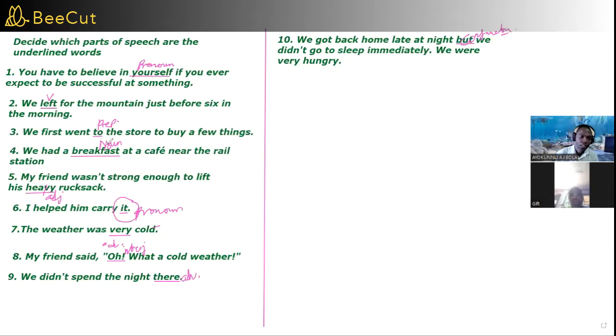So that means if you see sentences now, you should be able to identify any given word, the part of speech it belongs to, yes or no? Yes, sir. Okay, thank you very much.